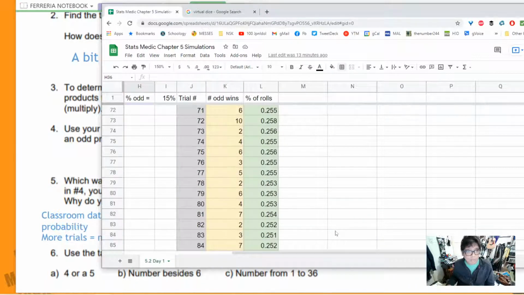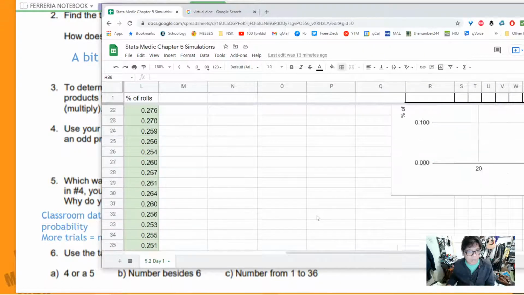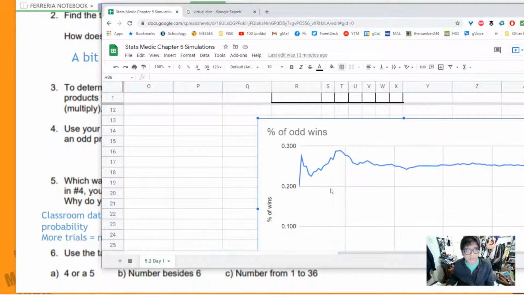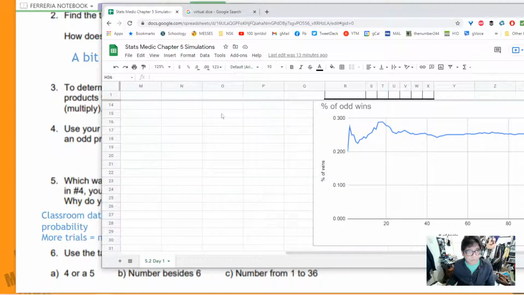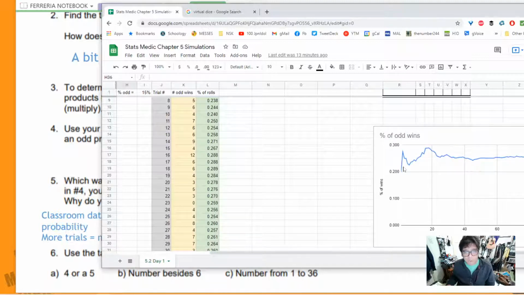And as a little bit of extra for you, I also created a wonderful little line plot. So we can see how that percentage actually worked. So over here, we can see that in the short run, it was very unpredictable.